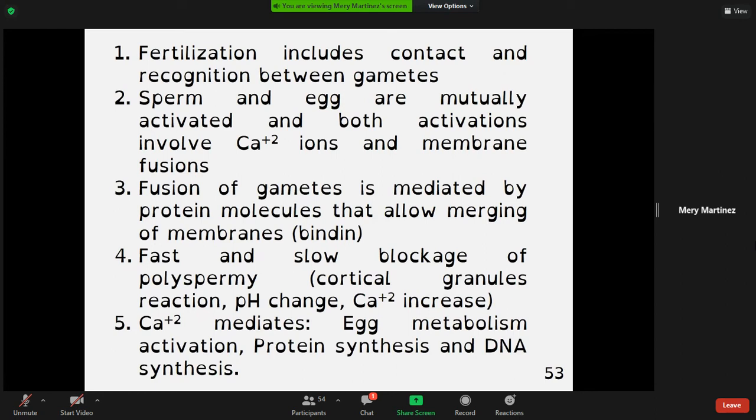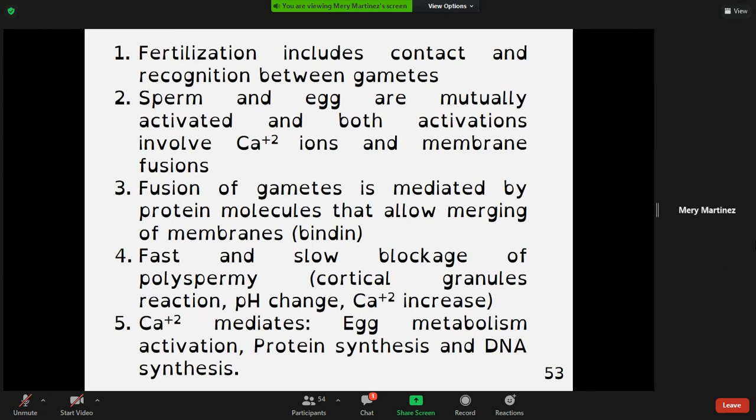Okay, so in mammals, fertilization includes contact and recognition between gametes. A sperm and egg are mutually activated, and both activations involve calcium ions and membrane fusion. Fusion of gametes is mediated by protein molecules that allow merging of membranes, like in binding.